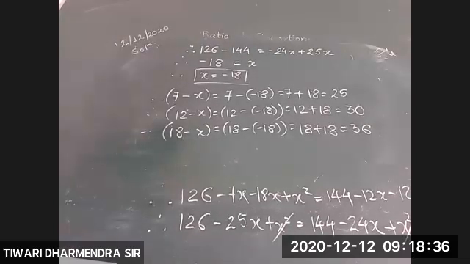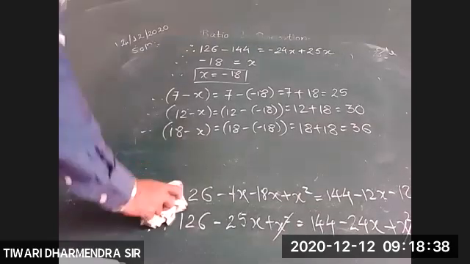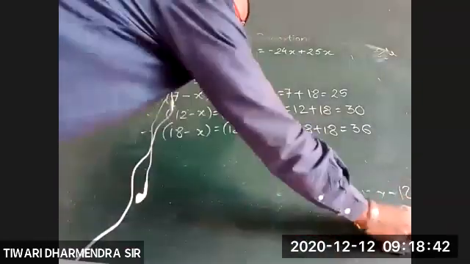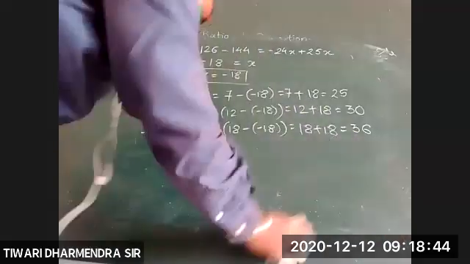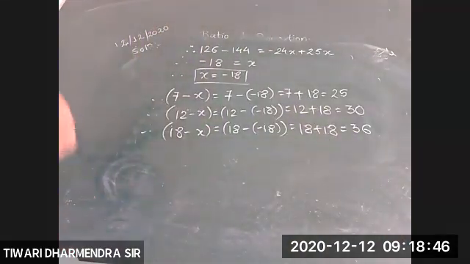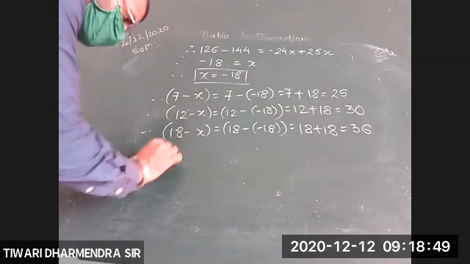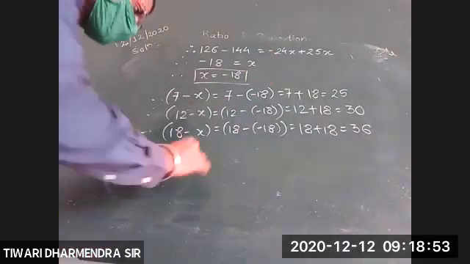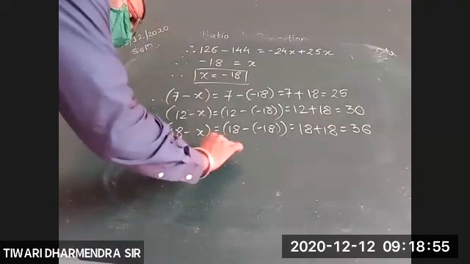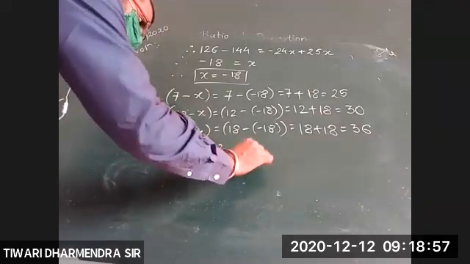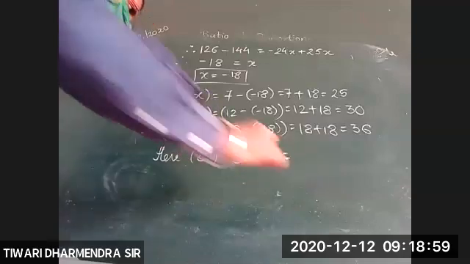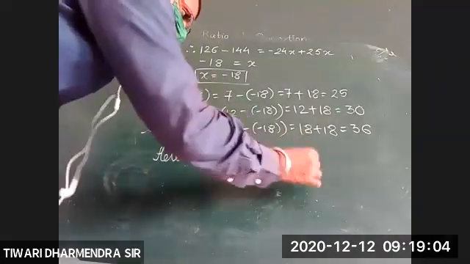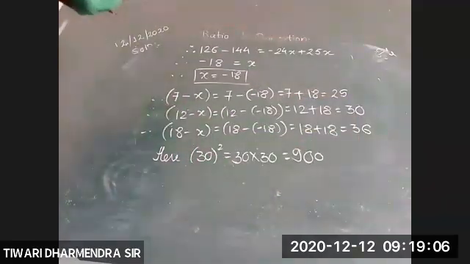So let's try on that part also. Here, as we can see, the middle number is 30, so 30 square. 30 into 30. 3 3s are 9 and double 0 after that.